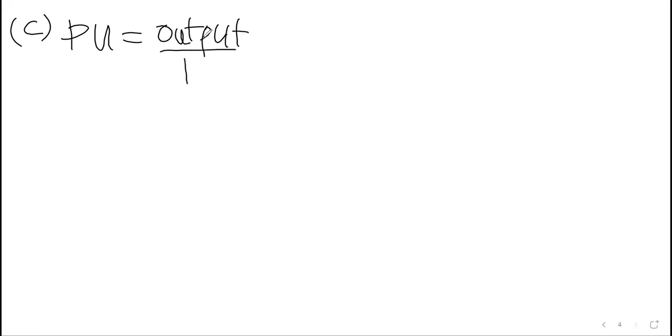So for C, determine the plant utilization U. Plant utilization PU equals output divided by plant capacity, which you calculated in B just now.